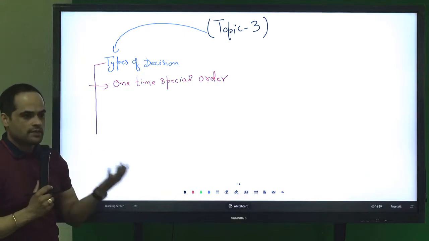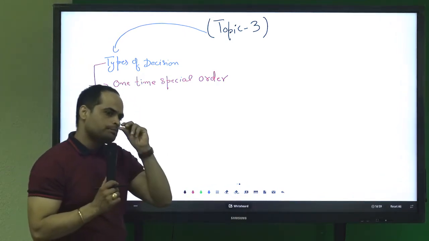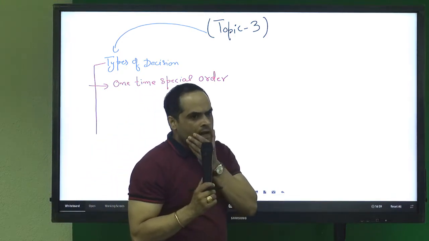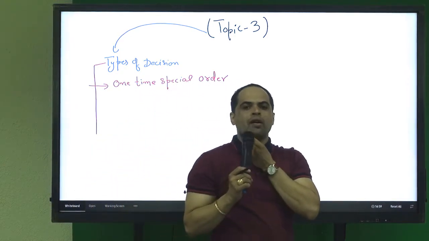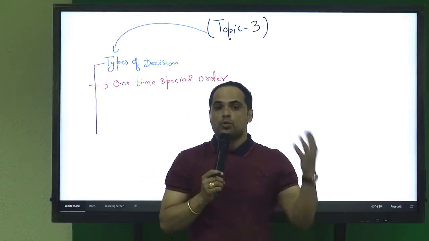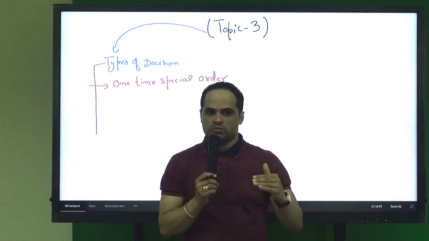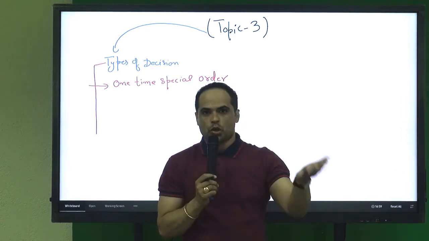Now, what does it mean, one-time special order? One-time special order means that the organization should produce a product whose demand is just temporary, or the demand is very short term.